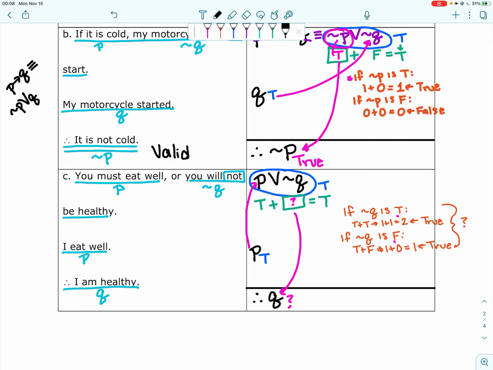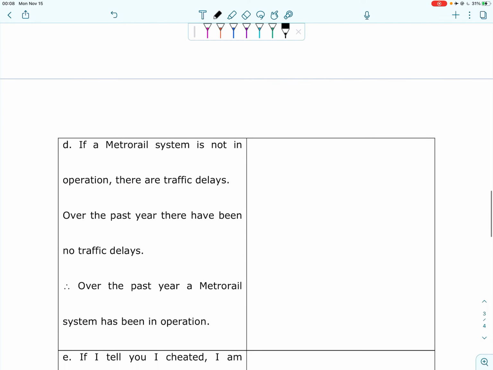So because I get to a point where I can't get to an answer, I have an invalid statement. The only way the statement is valid is if your conclusion is true. If you don't have an answer to the conclusion, it's invalid. We'll look at another one.